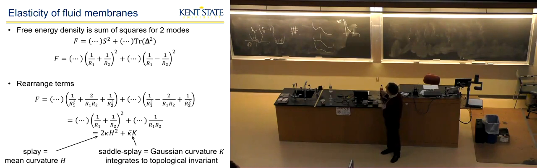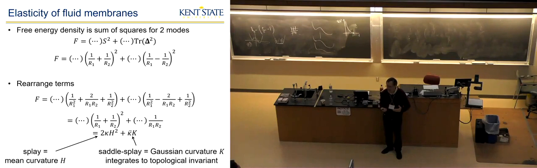And so you get this expression for the free energy. Or you could say the things that you care about are the sum of the curvatures and the difference of the curvatures, and mathematically, those are exactly equivalent to each other.